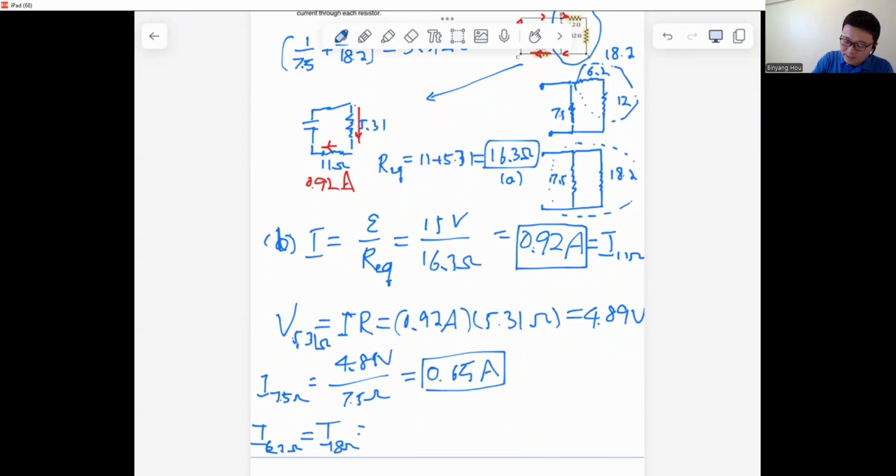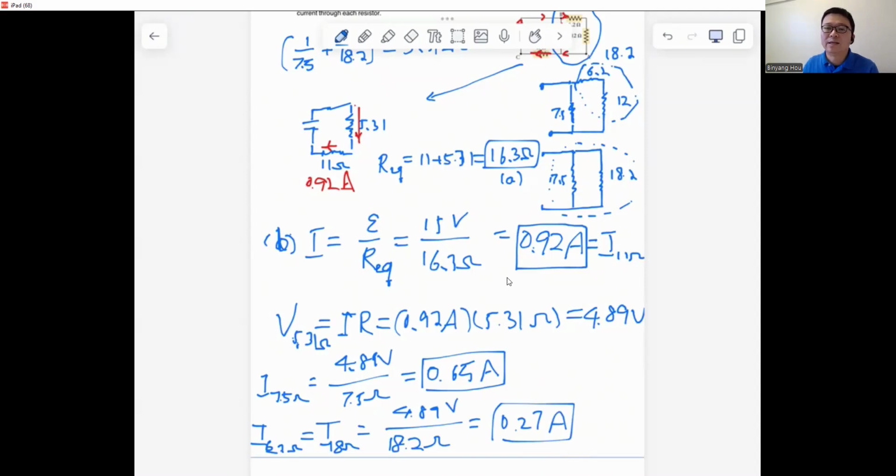Okay, and that should be equal to 4.89 volts divided by the combination of the two, these two together is the 18.2 ohms. So that will give you 0.27 amps. Okay, so we can find that. So you can break down the circuit and then do part by part for the whole thing.